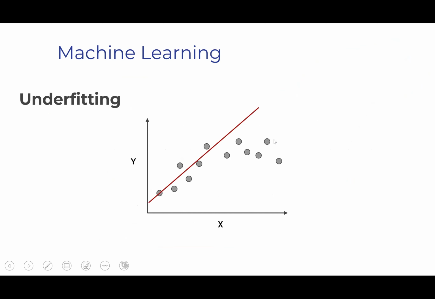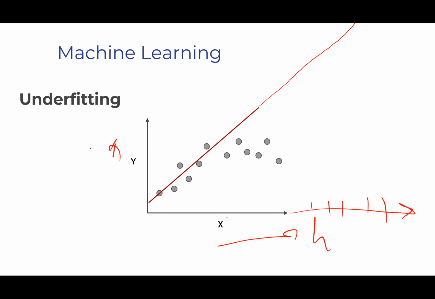So this is underfitting, if I'm just defining this whole phenomenon with this straight line, right? What if I want to go further in this direction? This is height and weight, right? So I can ask, for this height, what should be the weight?